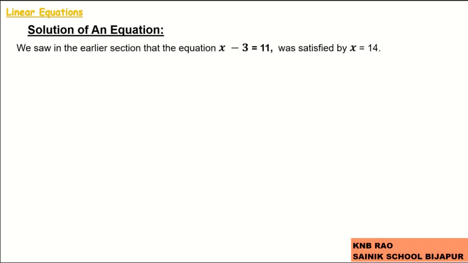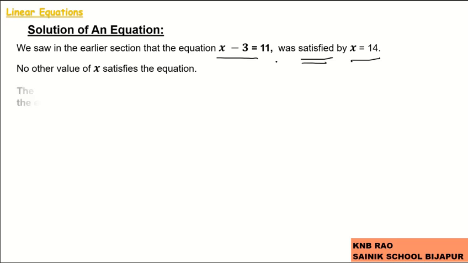If you want to define, here in this equation x minus 3 equals 11, x equals 14 satisfies. Therefore, we say the value of x satisfies the equation, other than x equals 14, in the case of this x minus 3 equals 11.